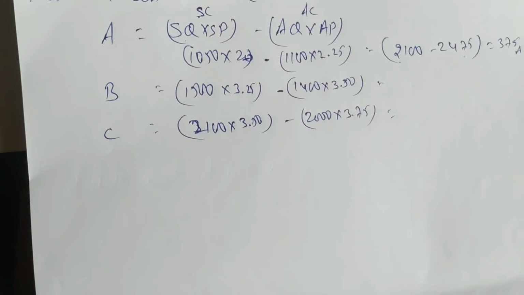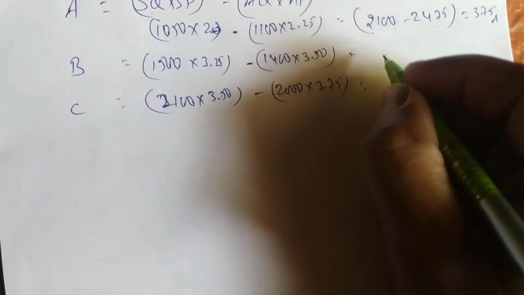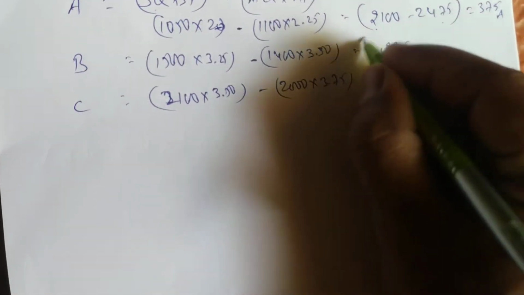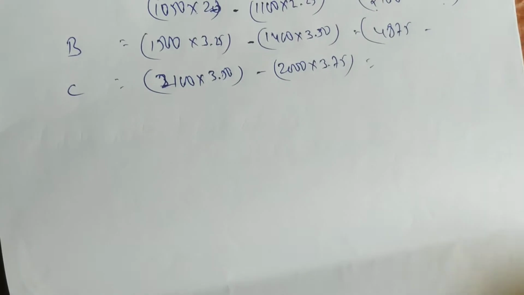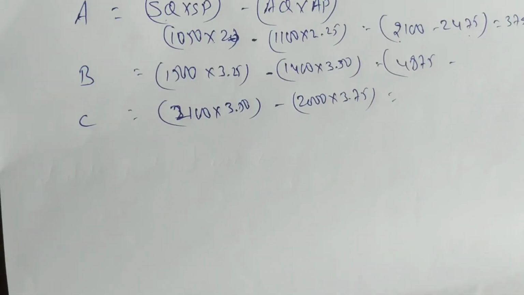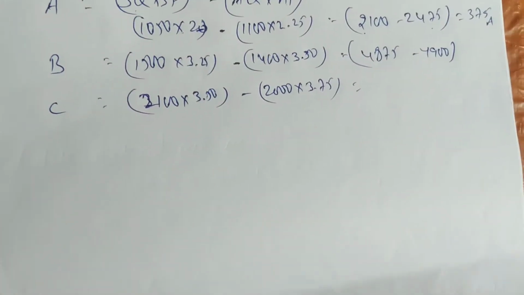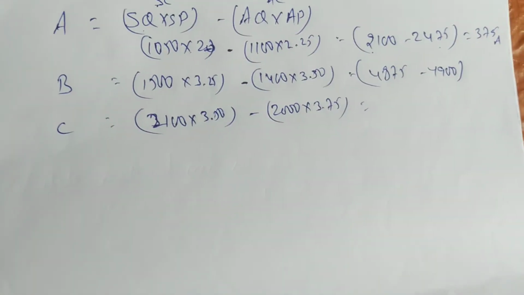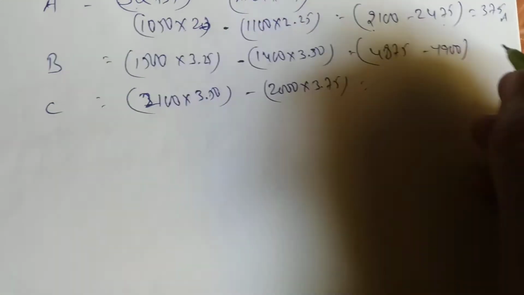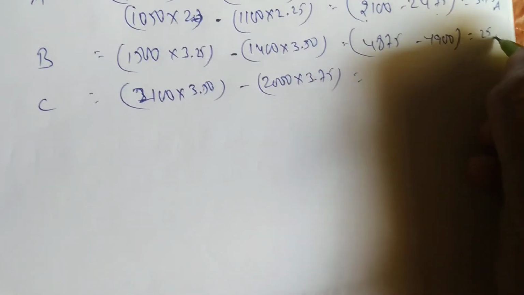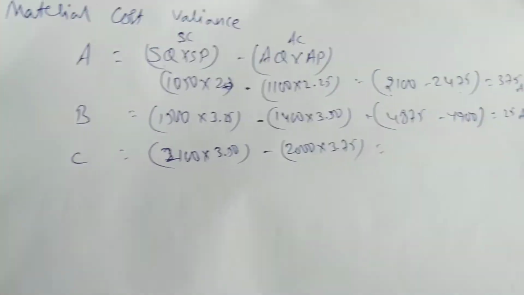Next product B also we'll do: 1500 into 3.25, we get 4875, minus 1400 into 3.50, 4900. So 4875 minus 4900, we are getting 25 adverse. So product A, product B, we are getting adverse.